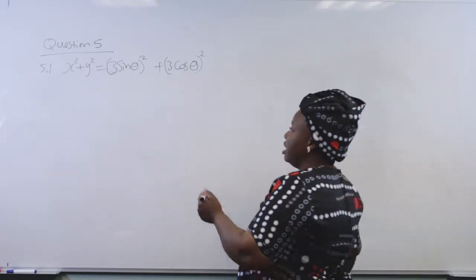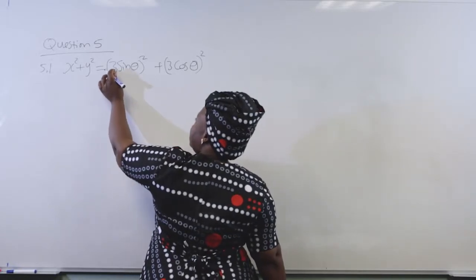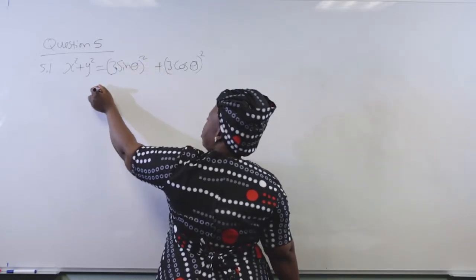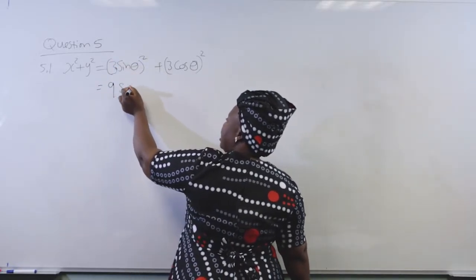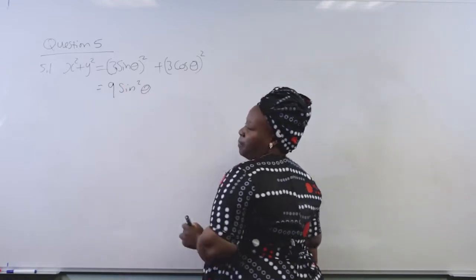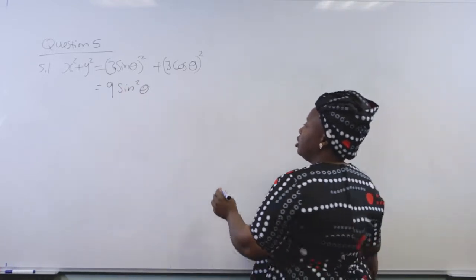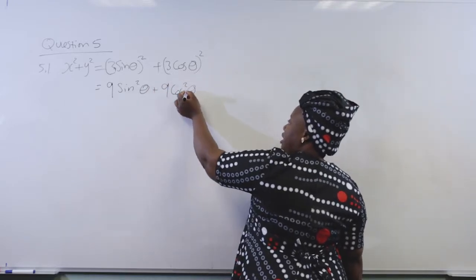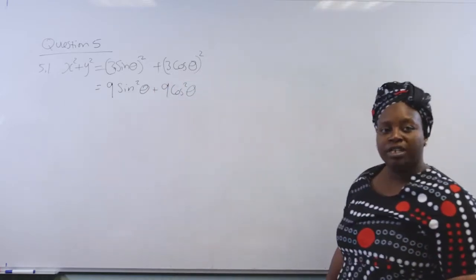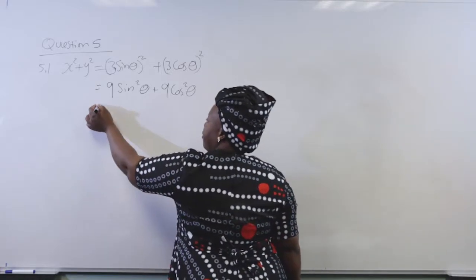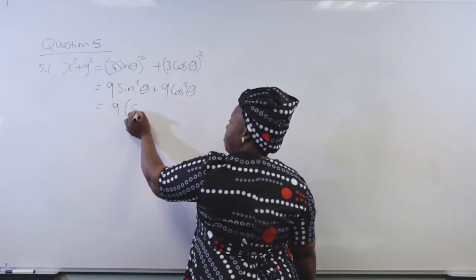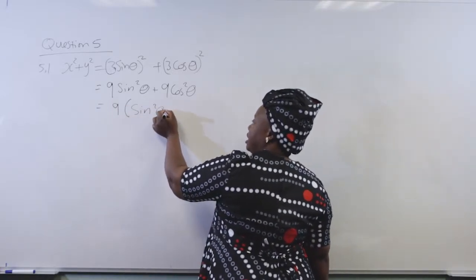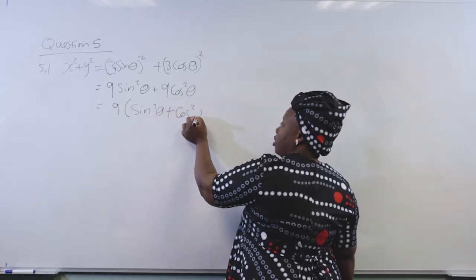So let's look at this. Remember that 3 squared is giving us 9. So this is going to be 9 sine squared theta. And the 3 cos theta will give us 9 cos squared theta. If we take out the common factor of 9, we will have 9 multiplied by sine squared theta plus cos squared theta.